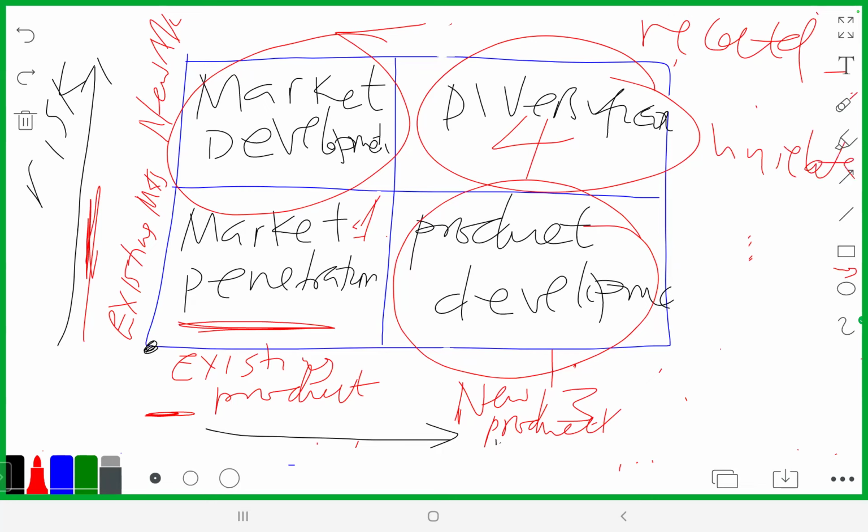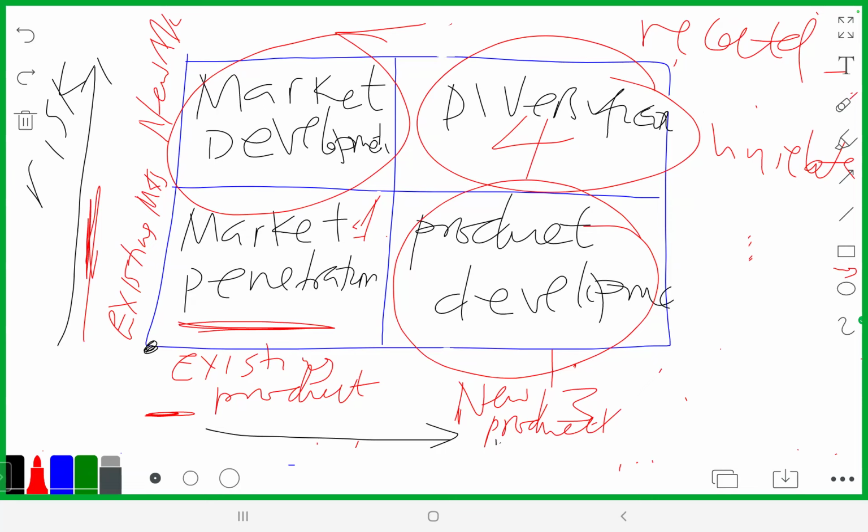With related diversification, you're diversifying, but producing or selling products of similar quality. There is some relationship between the products that you are selling. Then unrelated diversification is when you deal with new products and new markets, something completely new and different from what you are doing, not related at all.